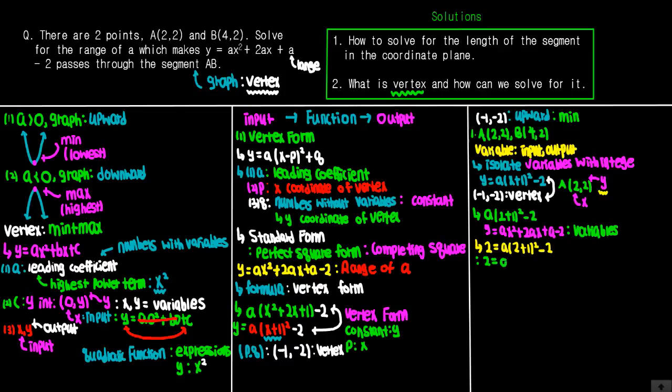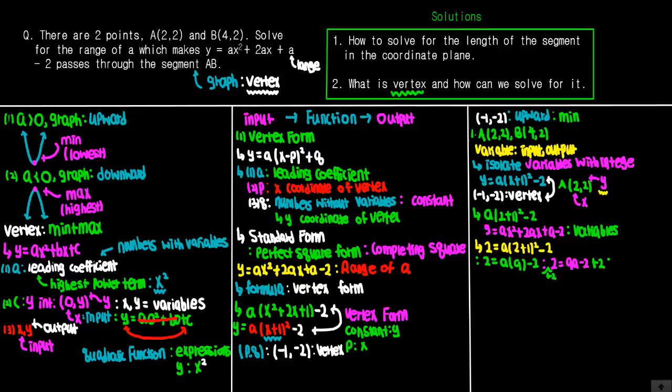2 is equal to a times (2 plus 1, which is 3) squared, which will turn into 9, and then minus 2. And from here, a times 9 will turn into 9a. We get that 2 is equal to 9a minus 2. All you have to do in order to isolate our a value is simply add 2 to both sides.